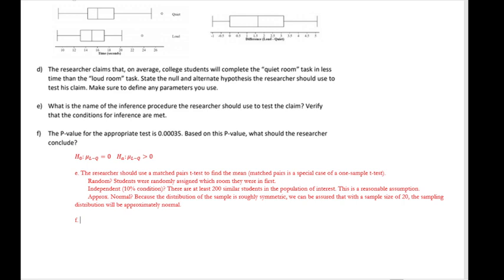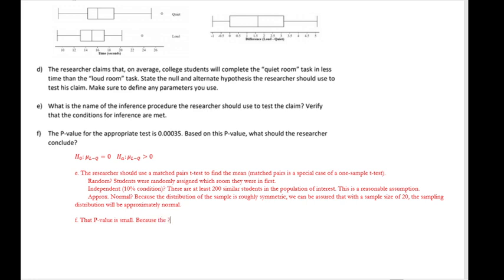So they give us a p-value, so they're not as concerned with can you crunch the numbers as can you interpret this. So that p-value is very small. So based on a small p-value like that, we would conclude that there is a statistically significant difference.